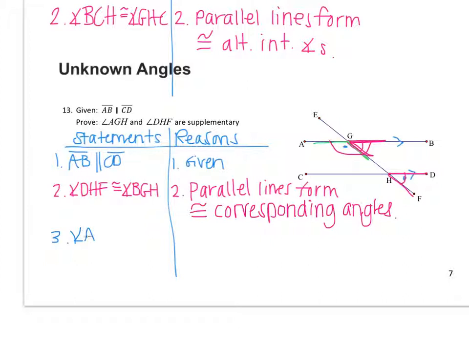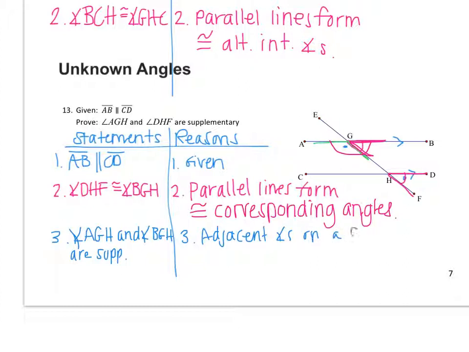Angle AGH and angle BGH are supplementary. And this is because adjacent angles on a straight line are supplementary.